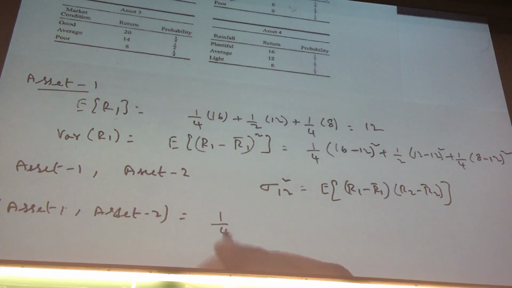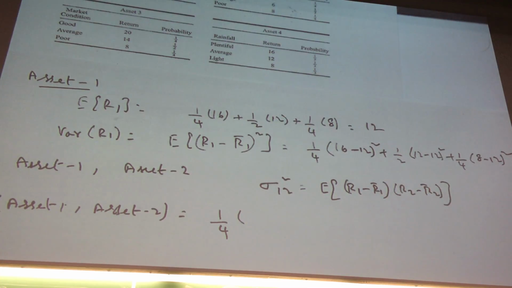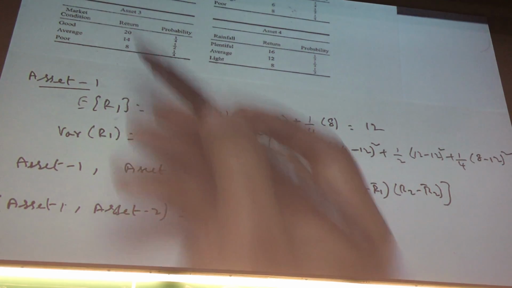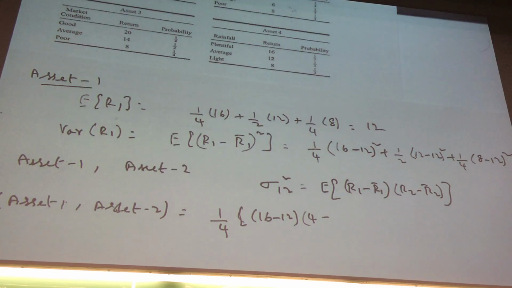The probability is 1 upon 4 and R1 minus R1 bar, how much is that? The first one, 16 minus 12, that is the first instance. And similarly, you have 4 minus, did you calculate the expected value of the second? 6, okay.